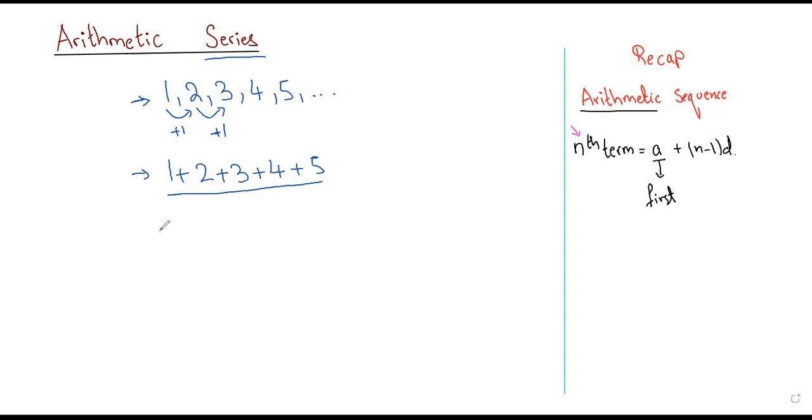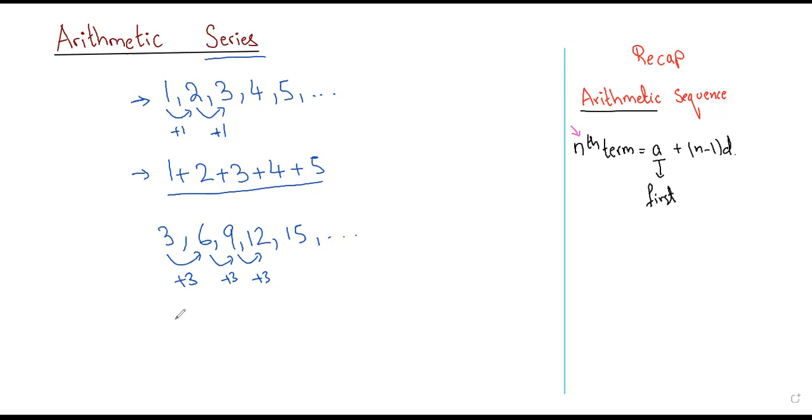For example, let's say I have another sequence 3, 6, 9, 12, 15, and so on. Again, this is certainly an arithmetic sequence because how do we recognize if our sequence is arithmetic or not? It has a fixed difference of 3. The difference could be positive, it could be negative. So it is an arithmetic sequence. What would be the series?